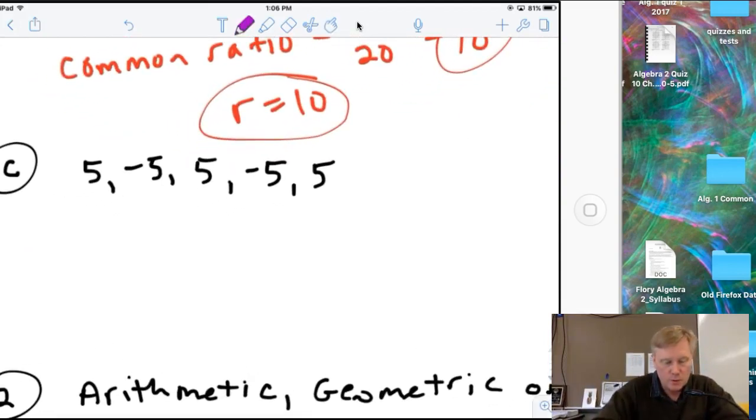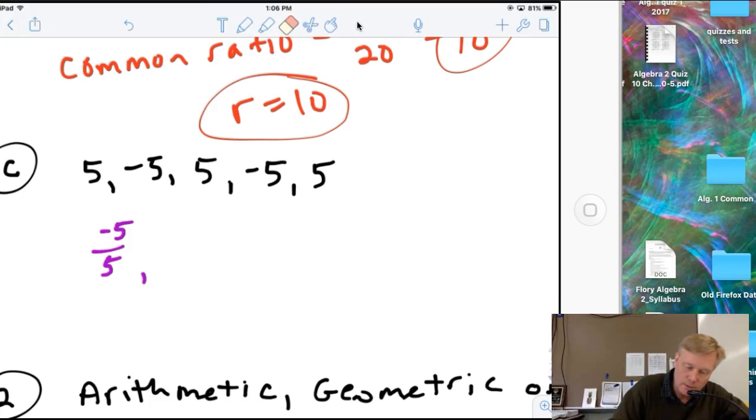All right, back to this one. This one's a little trickier. 5, negative 5, 5, negative 5, 5, negative 5. You could go about this a couple ways. If you want to tell whether something's geometric, if it doesn't jump at you, take the second number and divide it by the first number, and see what you get. Take the third number and divide it by the second number. Take the fourth number, divide it by the third number.